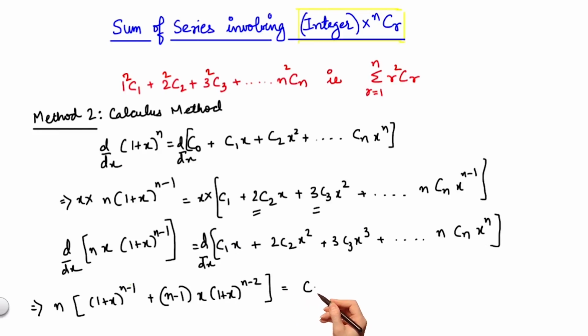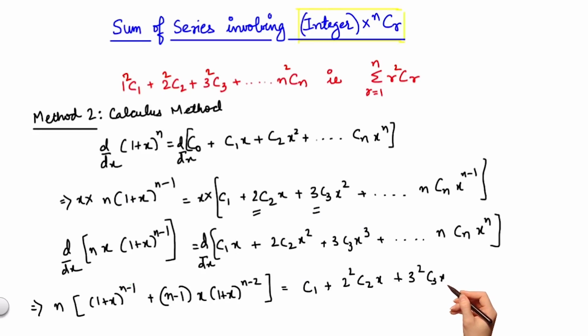My right hand side would become c1 plus 2 square c2x plus 3 square c3x square and so on until n square cn x to the power n minus 1.